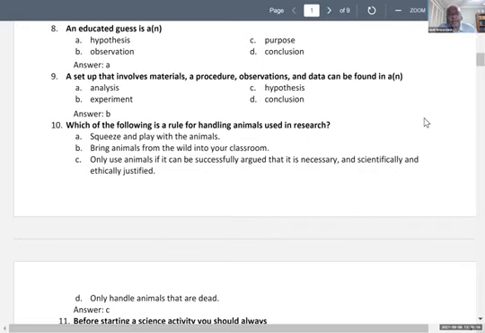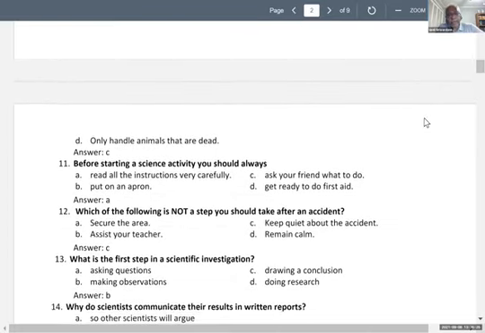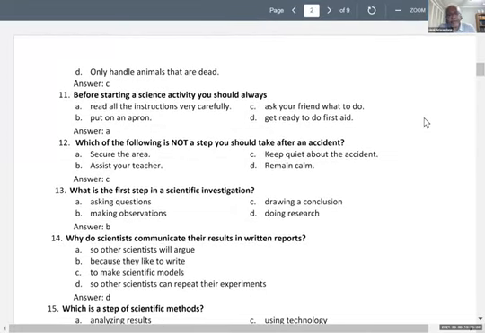So that's the experiment, what it involves. Number 11. Before starting a science activity, you should always read all the instructions, of course. The others are not right. A is the correct answer.